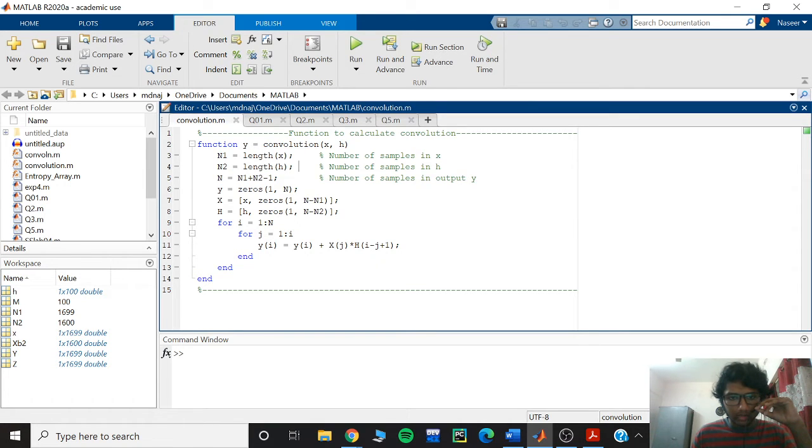Then the number of samples in y will be n1 plus n2 minus 1. Next we do zero padding of the input signal and the impulse response signal, and then we find the convolution of x and h using these two nested loops.